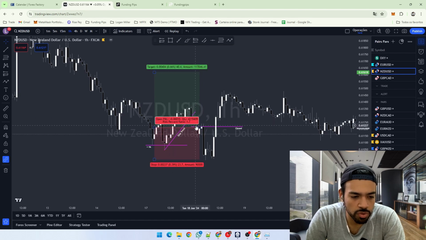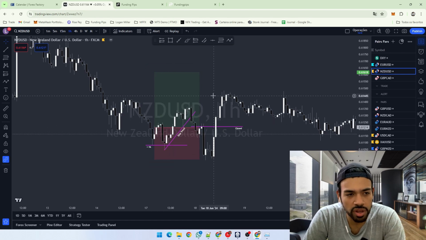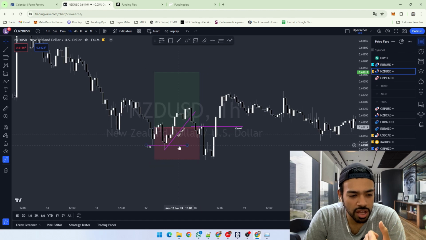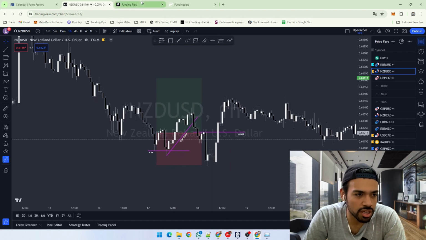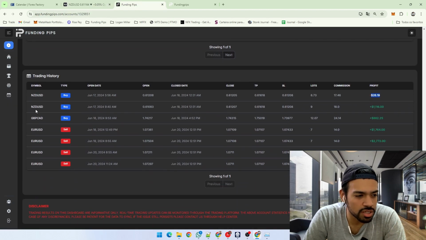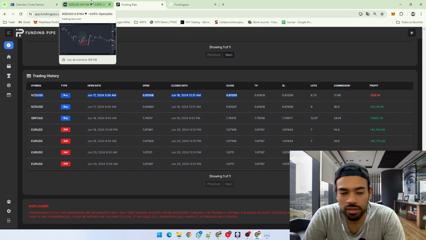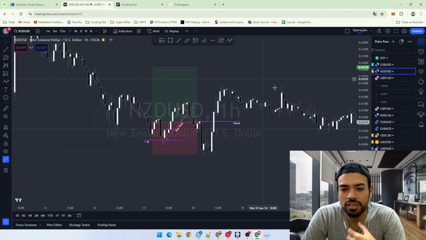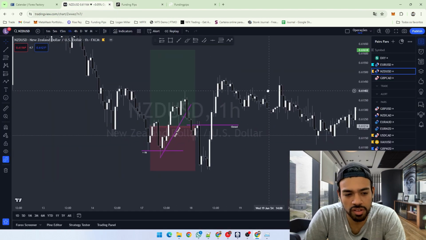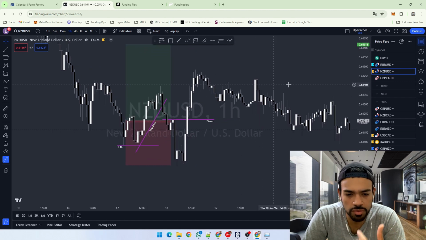So I have a stop right here, and it stopped me at break even, but I have a second entry around here. So this trade paid me 1%. Okay, so I closed at break even, but I won 1%. So this is my plan. This is how I passed phase one from Funding Pips in just 4 days.